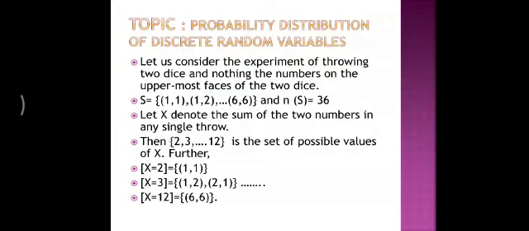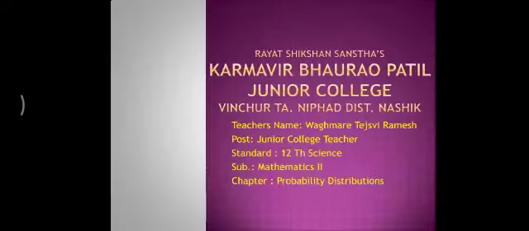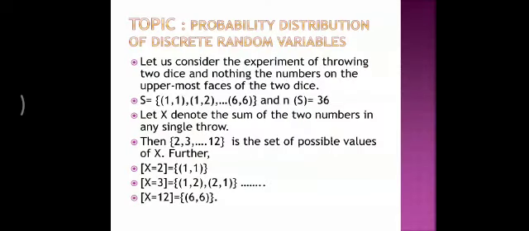For this we get two outcomes, ordered pair (1, 2) and ordered pair (2, 1), and so on. We can do the same for X equal to 12. For X equal to 12, again we get only one possible outcome, ordered pair (6, 6), means 6 plus 6 is equal to 12.